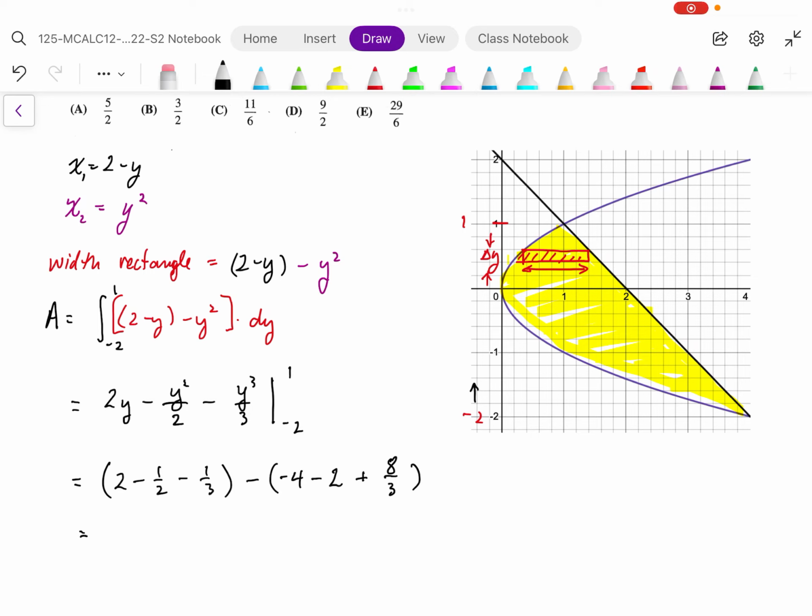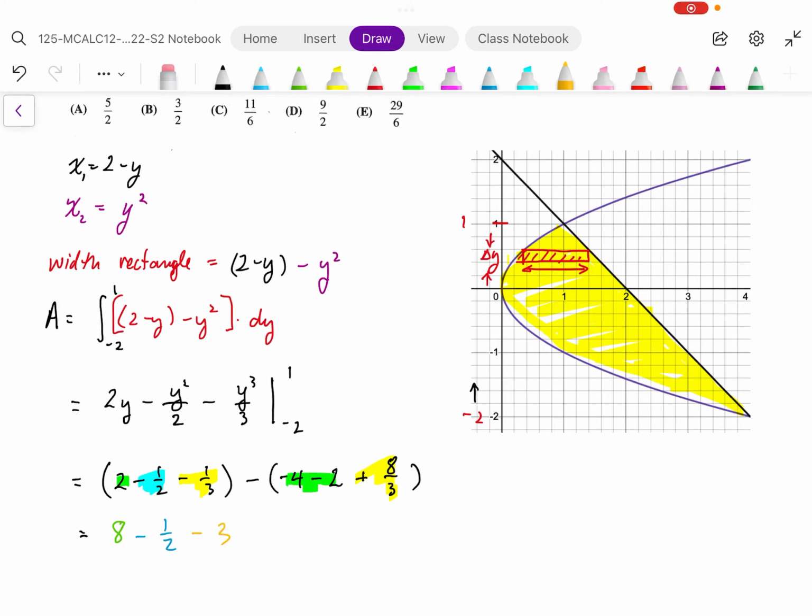Then summing this all up, I'm just going to sum up the whole number parts here. These whole number parts sum to positive 8. And I'll do the fractions separately: minus 1/2, and then -1/3 minus positive 8/3. That works to minus 9/3, which is -3.